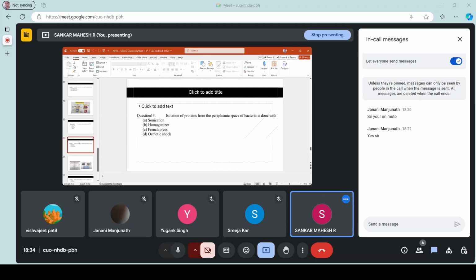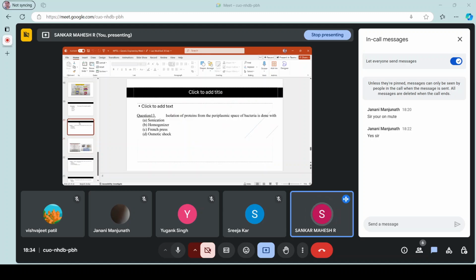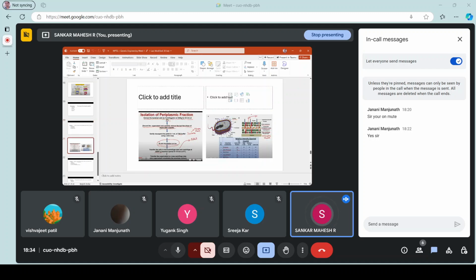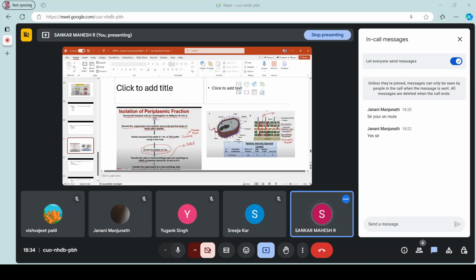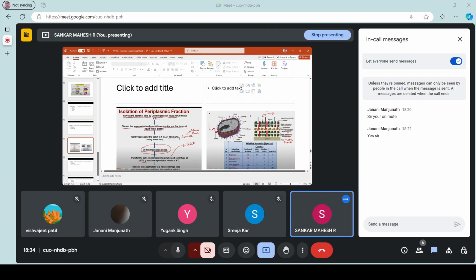Once this could be done, what needs to be done is you need to break open the cell specifically so that you do not denature the proteins, for which you have a specific method, which is giving it an osmotic shock, where you change the concentration of sucrose, thereby giving it some pressure and allowing the periplasmic space to get disrupted and the proteins to get released.